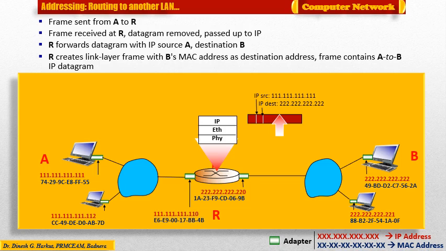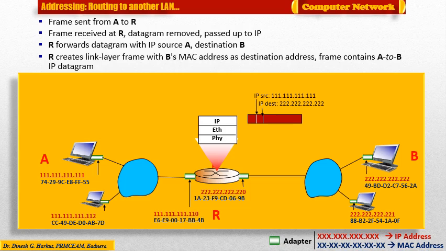Hence, this extracted datagram is again encapsulated into a frame created by the router, having the source MAC address as 1A-23-F9-CD-06-9B and destination MAC address as 49-BD-D2-C7-56-2A.